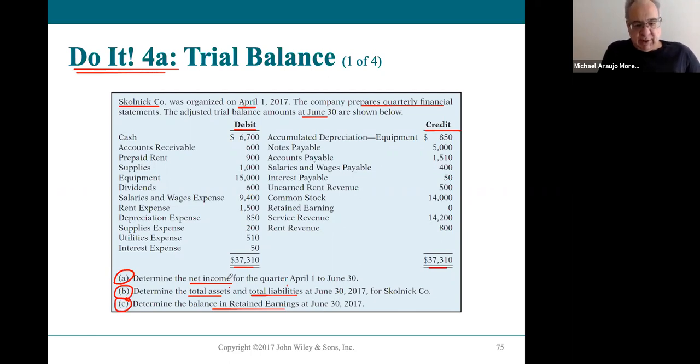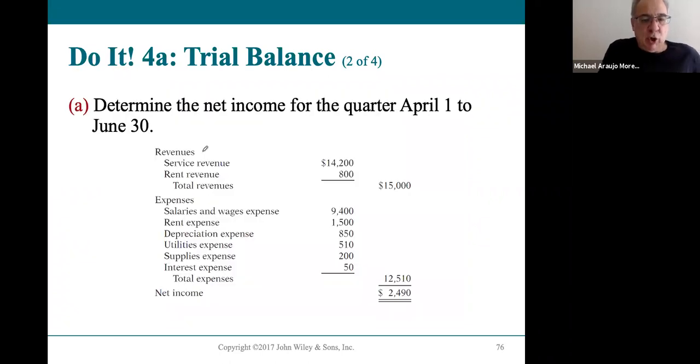So first things first, the income statement. This company has 2 revenue accounts. And this company has 6 different expense accounts. So you need to know that to build your income statement. Your revenues would total 15,000. That's the 2 revenue accounts here added together.